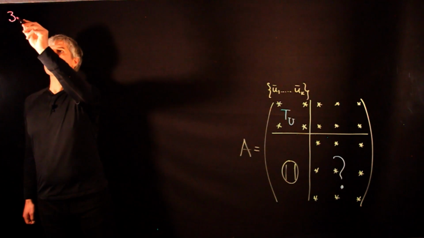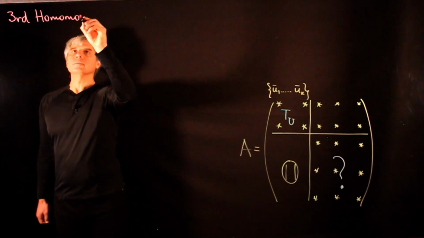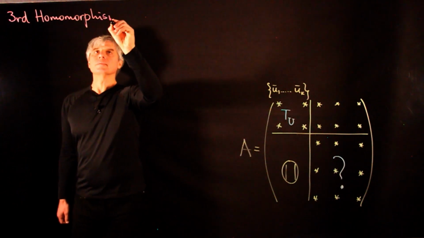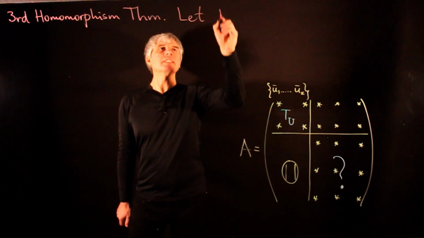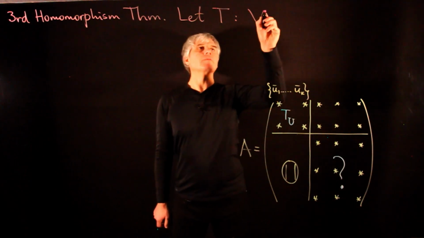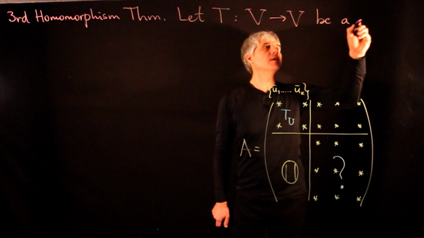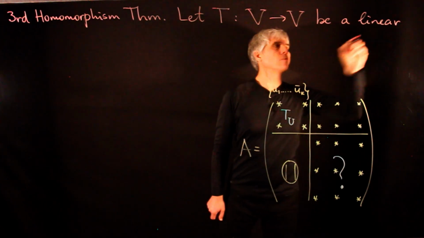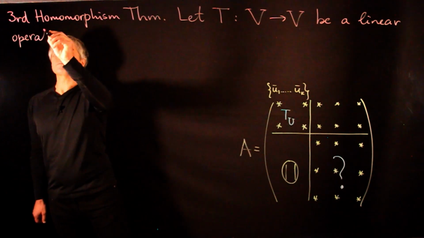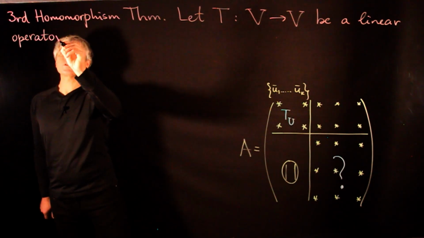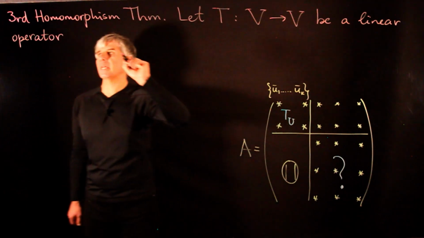So we have the following third homomorphism theorem. Let T from V to V be a linear operator, and we recall that an operator is the case of a linear transformation with the target space equal to its domain.